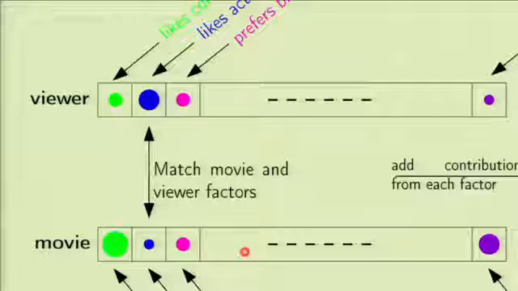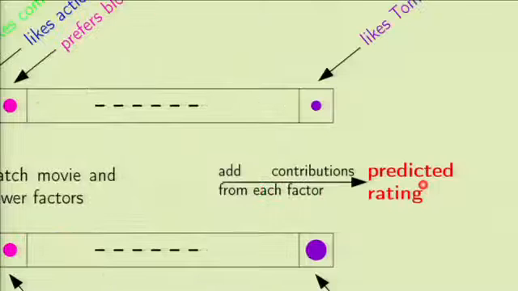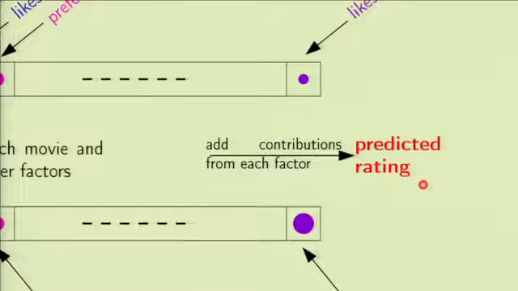But if there is a match between so many coordinates, and the number of factors here could be really like 300 factors, then the chances are you will like the movie, and if there is a mismatch, the chances are you are not going to like the movie. So you match the movie and the viewer factors, and then you add the contribution of them, and as a result of that, you get the predicted rating.